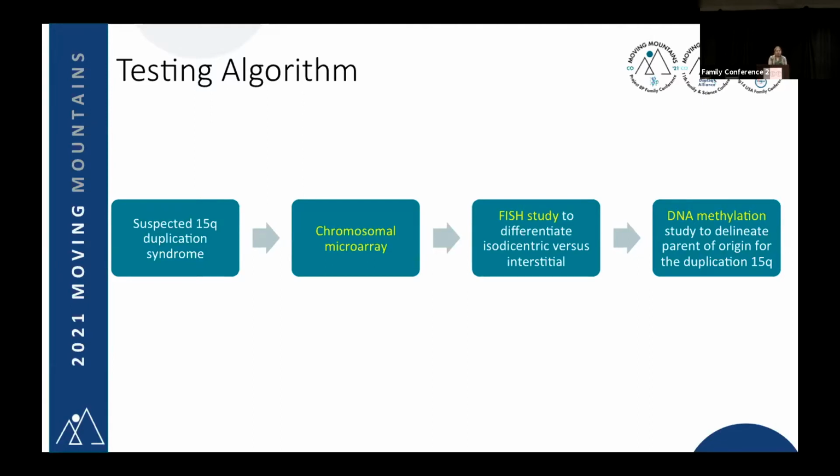Because we actually just had a case where the child is 14 and diagnosed with duplication 15q, and we did a methylation test when I saw him in clinic, and it was paternal in origin. Then I did the broader testing, and he actually has a whole other syndrome called Smith-Magenis. So we see cases where it is worthwhile to pursue additional testing.